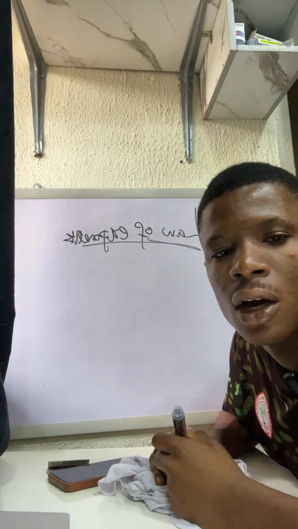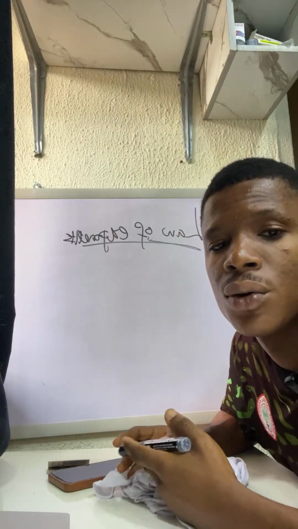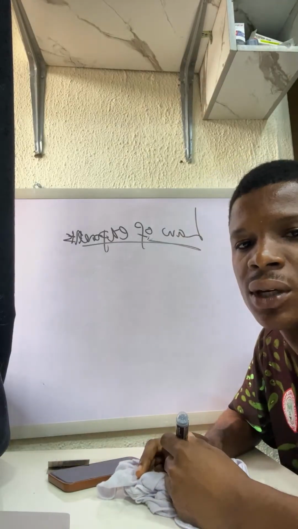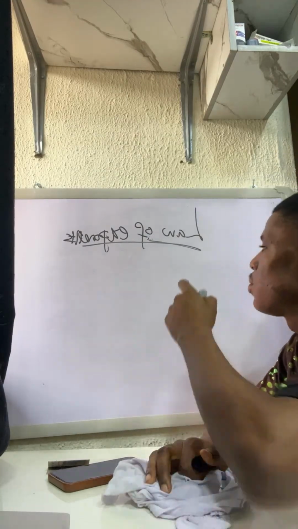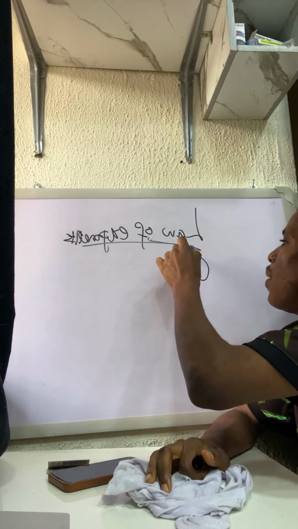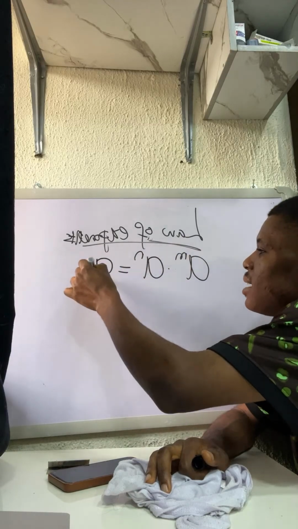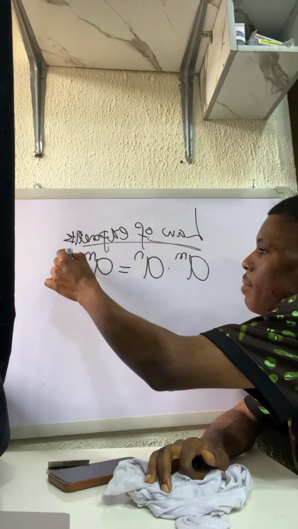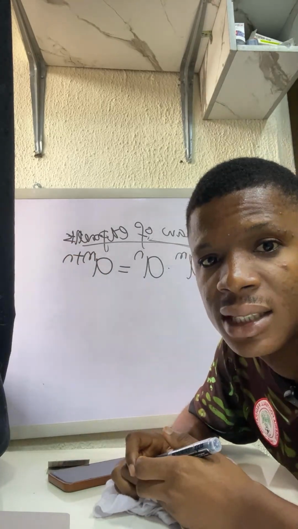These are various rules that we use while solving exponential terms. For the first rule, a to the power of m times a to the power of n is the same thing as a to the power of m plus n. This is what the law of exponents is telling us.